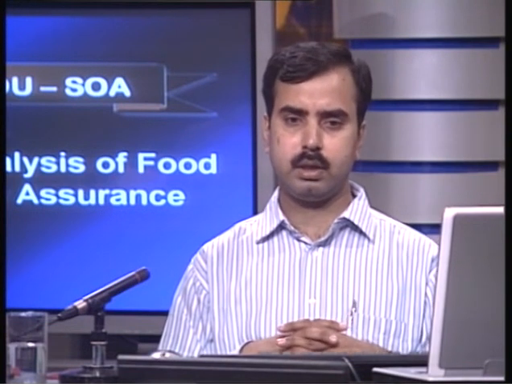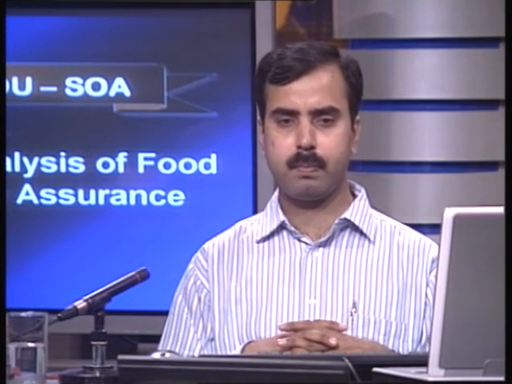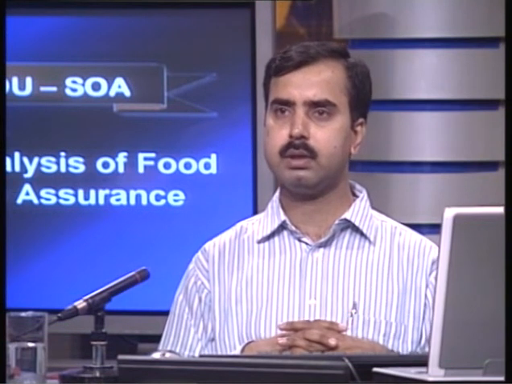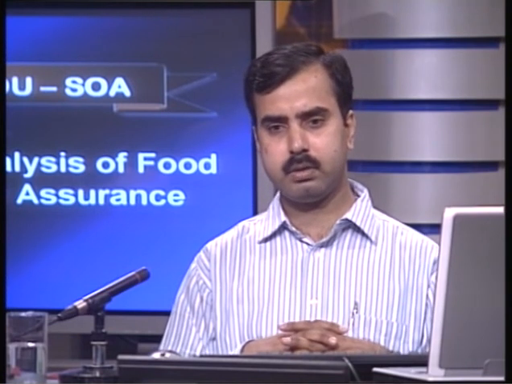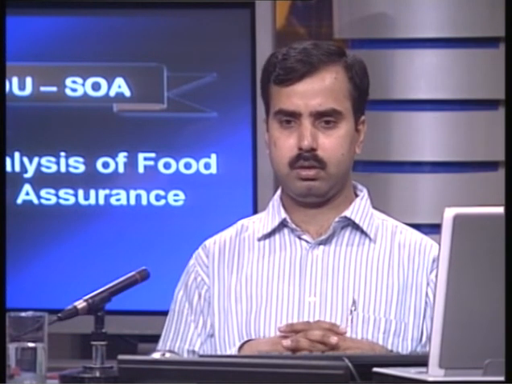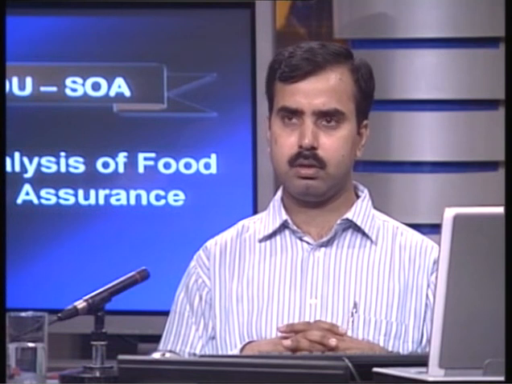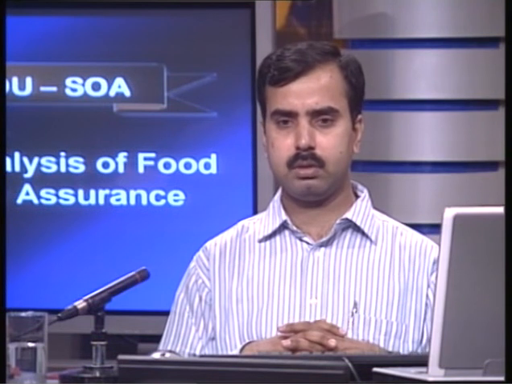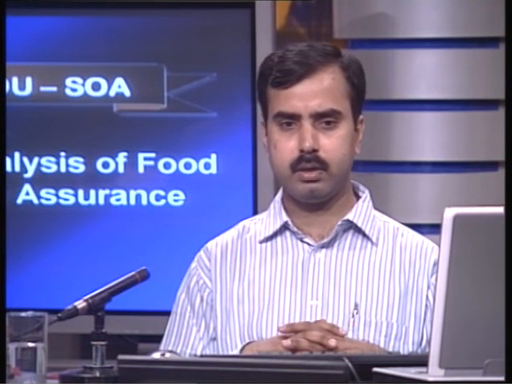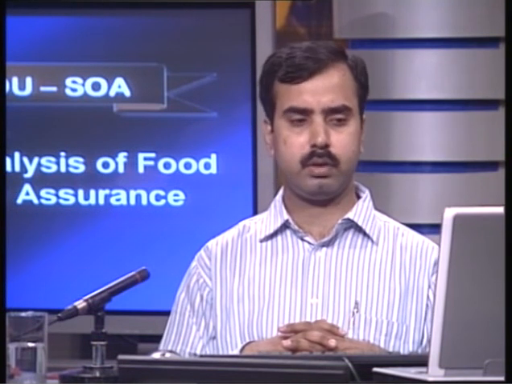Then there is the stationary phase, which is the column, and the column chemistry also depends upon the matrix or analytes you are targeting. In most cases of food analysis, the C18 ODS column is required.